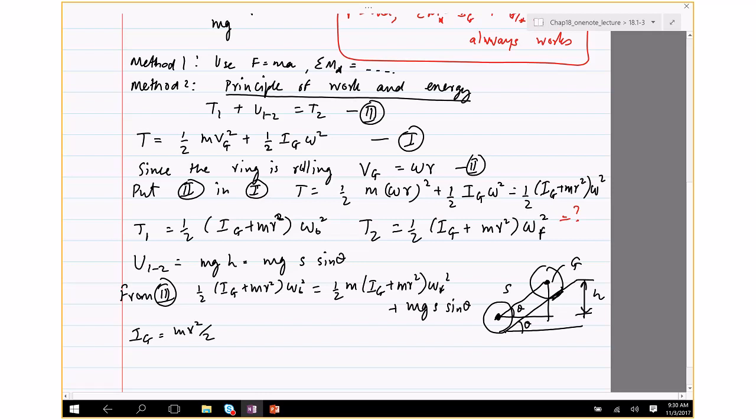So what I get effectively is Ig is mr square divided by, oh sorry, it's a ring, my bad. A ring is mr square. A disk is mr square divided by 2. So if I put it here, I get mr square omega 0 square equals mr square omega f square plus mgs sine theta. So I can get rid of m and I can solve for omega f.